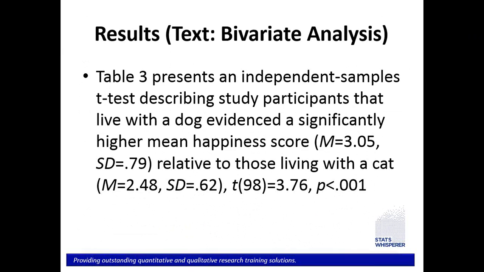Then we put their mean, the 2.48, and the standard deviation. Then at the end, we put the scientific notation for that statistical test. This is APA format. So it's t, a t-test. t equals the value of t, 3.76. The 98 is the degrees of freedom. Remember that was right in the output. And then the p-value for the test: p is less than 0.001. And that's all you need to put.